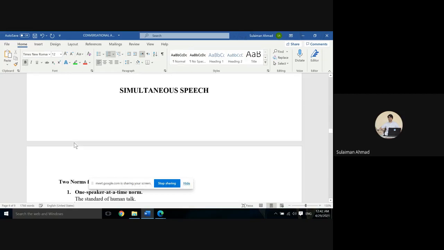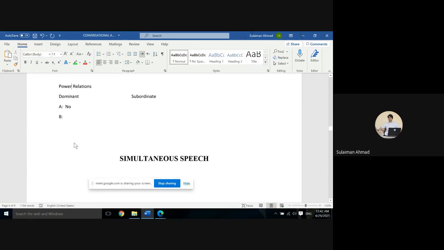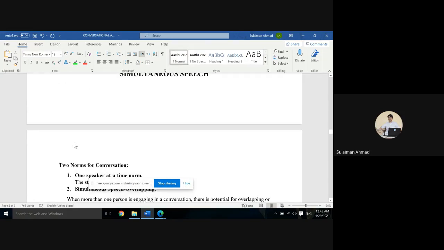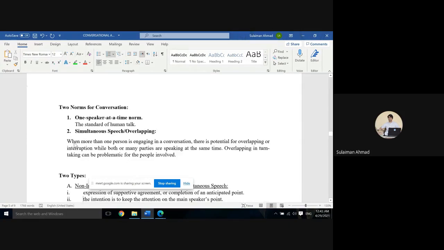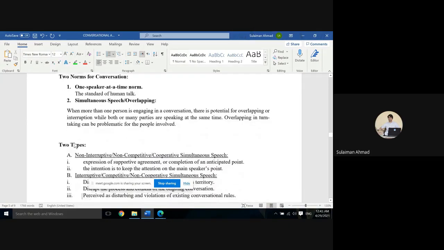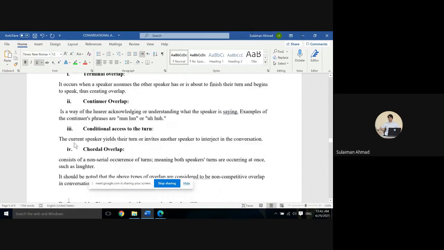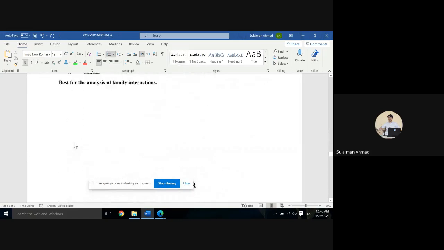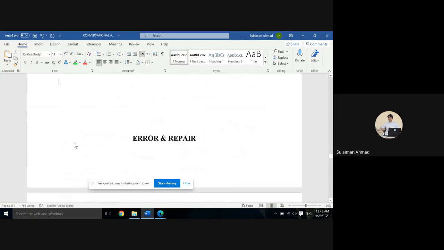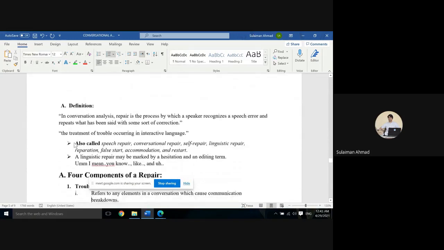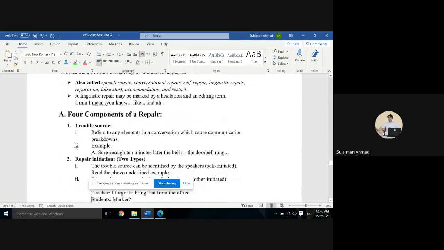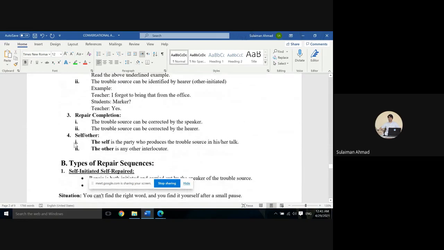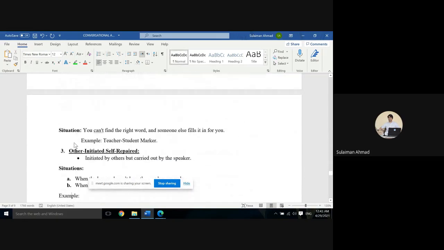In the next class, we will talk about simultaneous speech or overlapping, where we have cooperative or non-competitive, non-interruptive simultaneous speech, and competitive, interruptive, or non-cooperative simultaneous speech, right? We'll talk about them in detail. We'll talk about turn taking and error and repair, the different techniques such as self-initiated self-repair, self-initiated other repair, other-initiated self-repair, and other-initiated other repair.